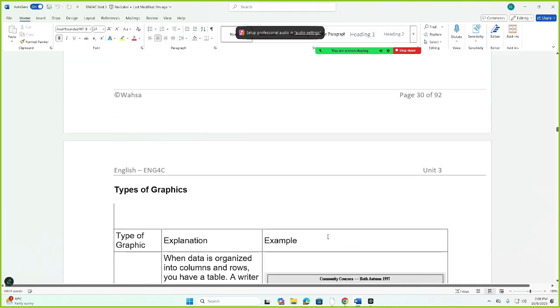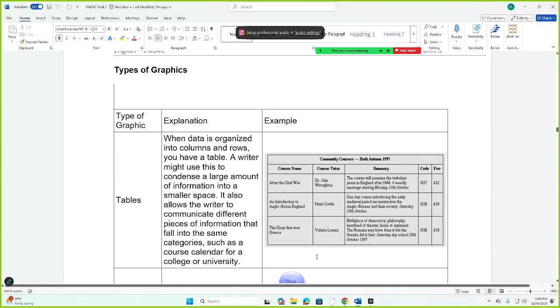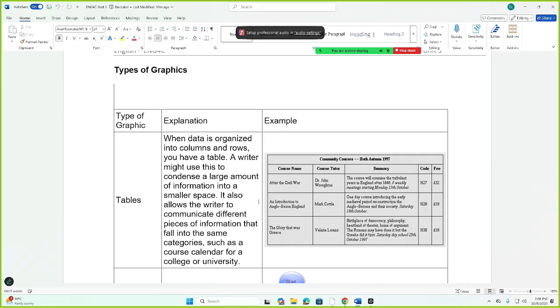So we are on page 31 right now. And the first type of graphic that we are going to look at is tables. In tables, the data, that's the information in the table, is organized into columns and rows.